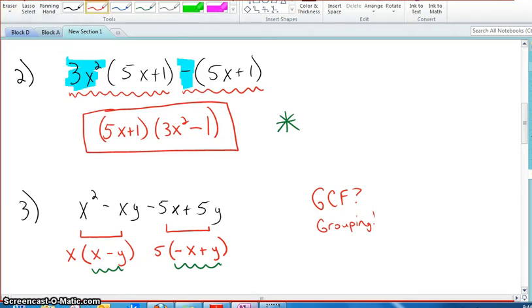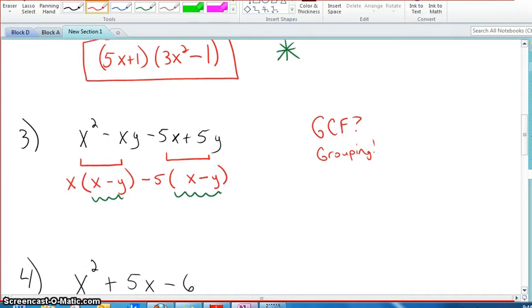Instead of factoring out a positive 5, try a negative 5. How does that affect inside the parentheses? Well, it becomes a positive x, and it becomes a negative y. Now they're the same. So now I factor out an x minus y. What's left is x minus 5.